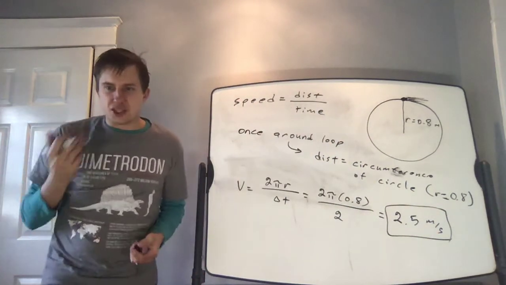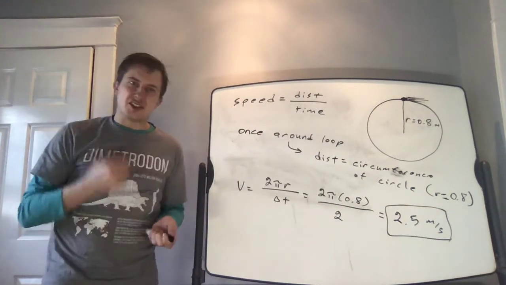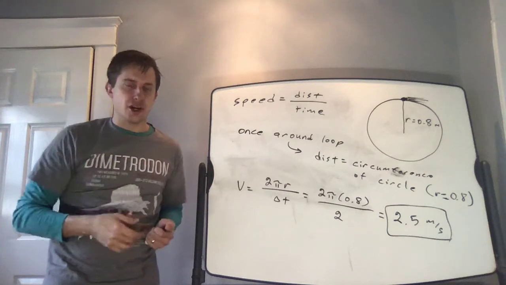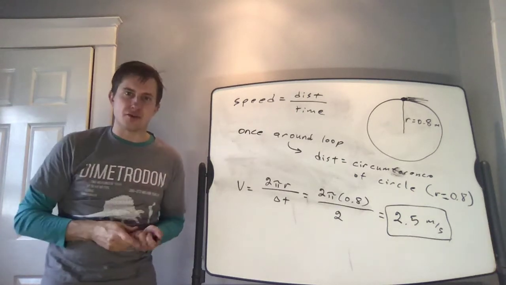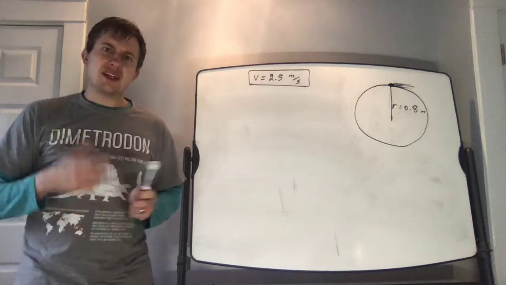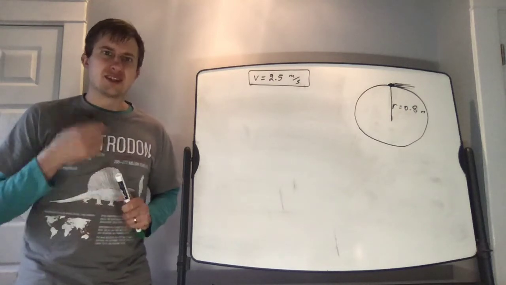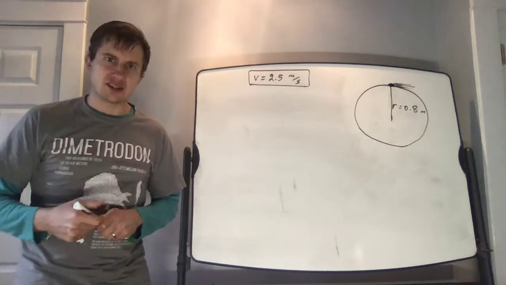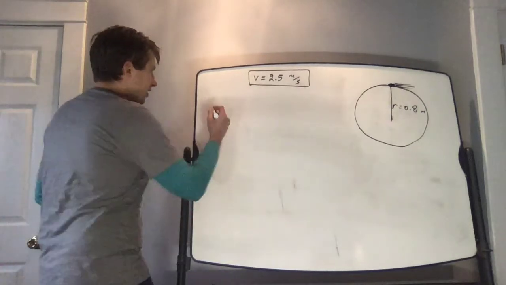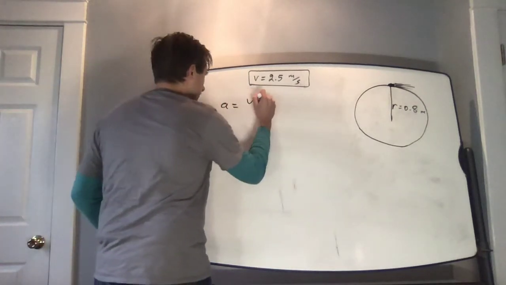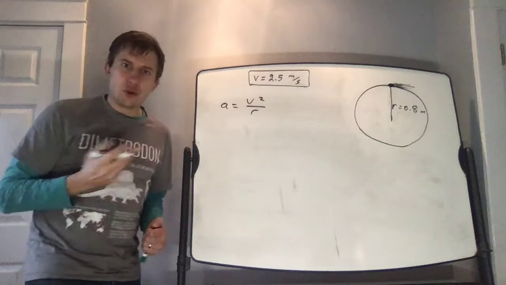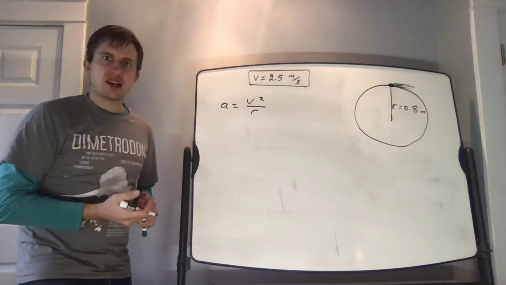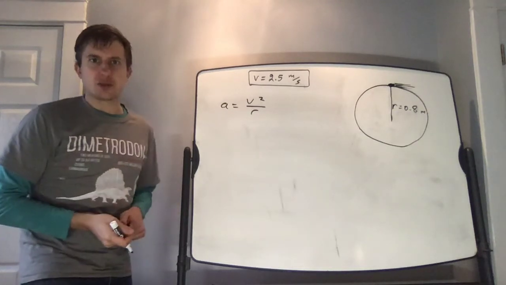For part B of this problem, we are asked what is the centripetal acceleration of this mass that's moving around in the circle. To find the centripetal acceleration of this object moving in a circle at constant speed, we could use the equation a equals v squared over r. We found the speed of the object in part A of this problem, the 2.5 meters per second.